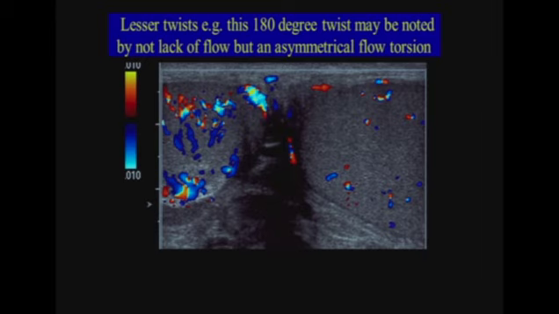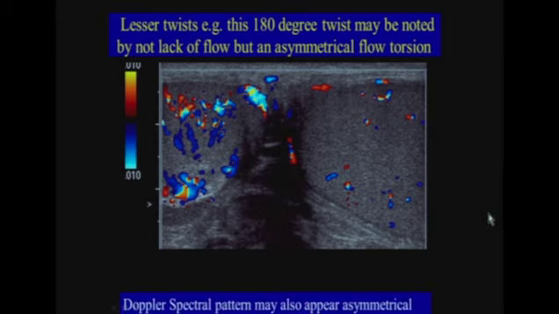In this case in particular, one sees a rounding of the testicle on the right, which is normal, but the left testicle looks like it is in a different axis, which sometimes is an indicator of torsion. It can be simulated by technique and how one places the testicle, but oftentimes in torsion, the normal testicle will be in vertical position and the torsed testicle might be in horizontal position.